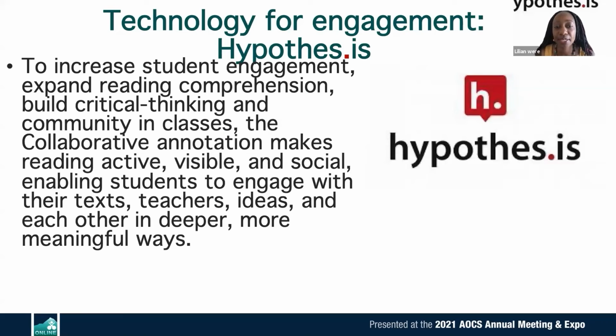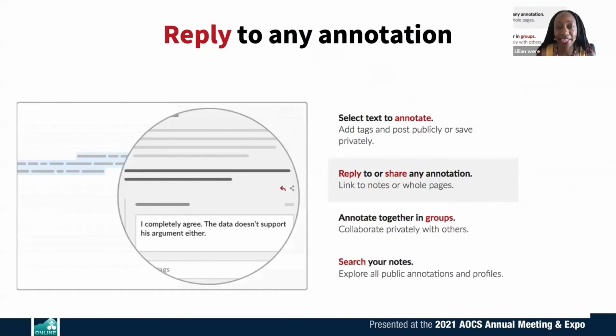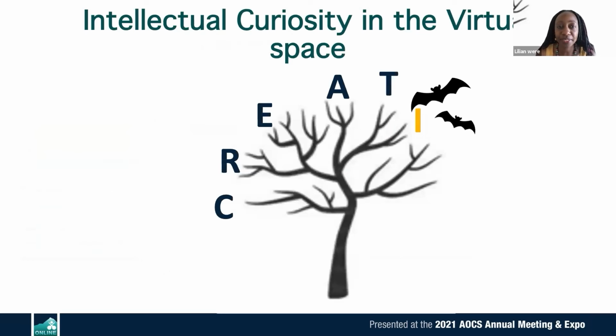Hypothesis is an annotation tool that I have started incorporating in my classes. And so this has been a way for me to see the thoughts and understanding of the students as they make comments, but also it's to make the learning active, it's to make the learning visible, and the students are learning from each other as they see what their peers are posting and commenting about.